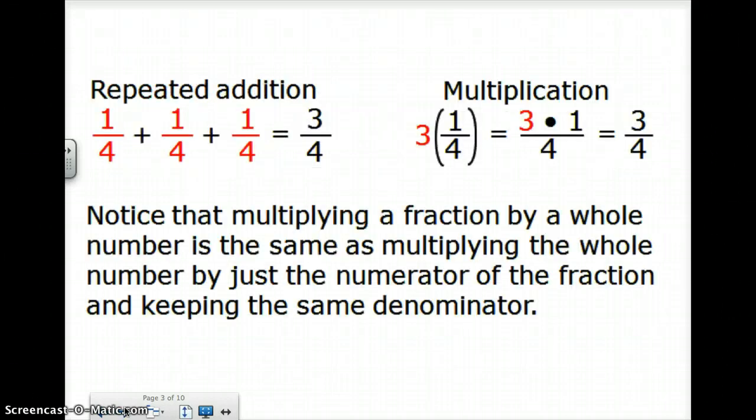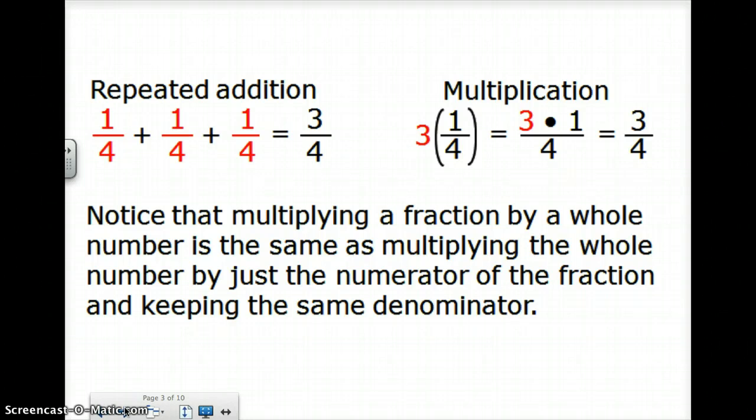Repeated addition is the same as multiplying. In the first example, you will see repeated addition of 1/4 plus 1/4 plus 1/4 is equal to 3/4. A simpler way of writing that is to multiply 3 times 1/4.